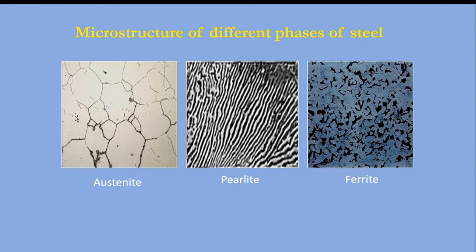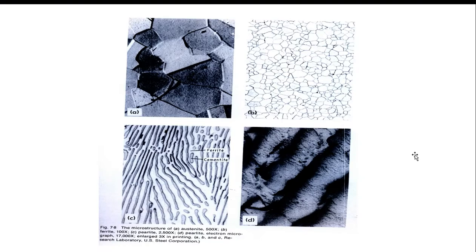Due to the addition of carbon atoms you can see how the structure changes, and this is pearlite. And again the ferrite, right, the difference between those phases, but the same iron is there. The only thing is adding the carbon atom, right.